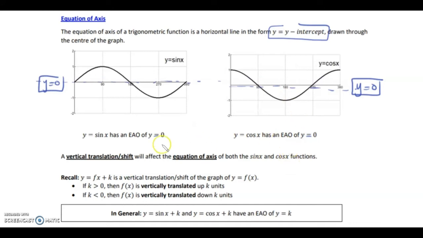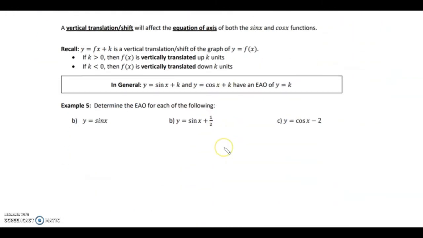Both of them, okay? So a vertical shift or translation will affect the equation of axis of both the sine and cosine functions. If we can recall, y equals f of x plus c is a vertical translation or shift of the function. If c is greater than 0, then it's vertically translated c units up.